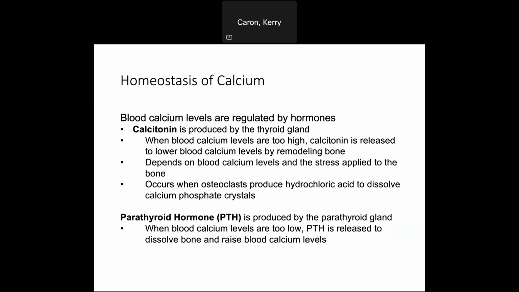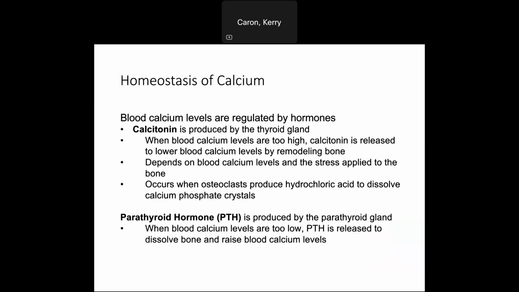There is some biofeedback with calcium levels in the blood. I'm not going to get into this too much, but just know that there is homeostasis happening here to control calcium levels too high in the blood, calcium levels too low.